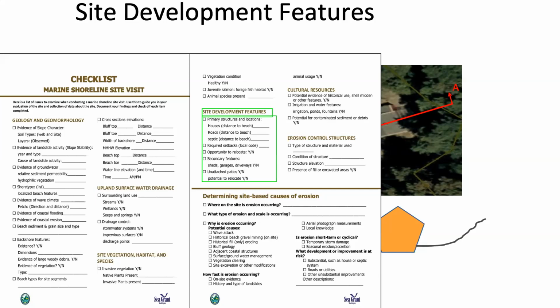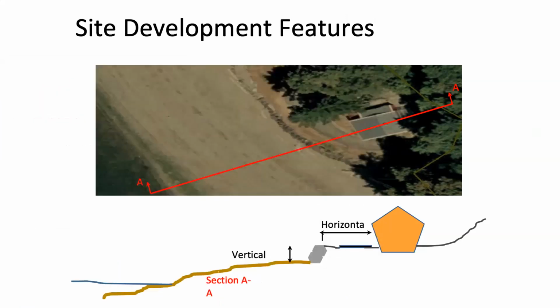That paints the picture of how much danger it's in, and the importance of that structure. What is it? How important is it that it is protected? So moving on, we have our line item next on cultural resources.